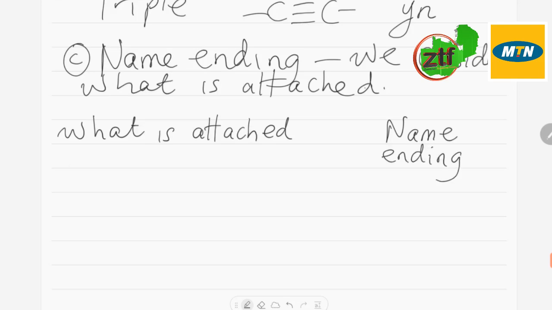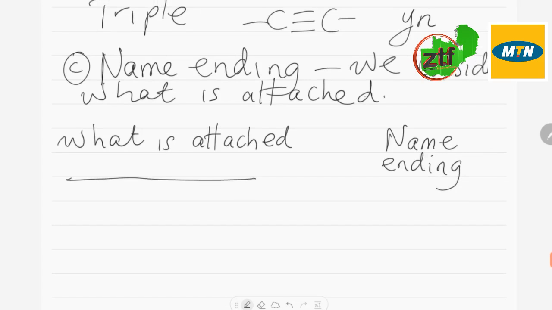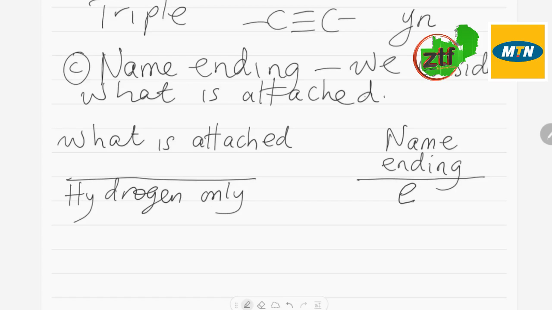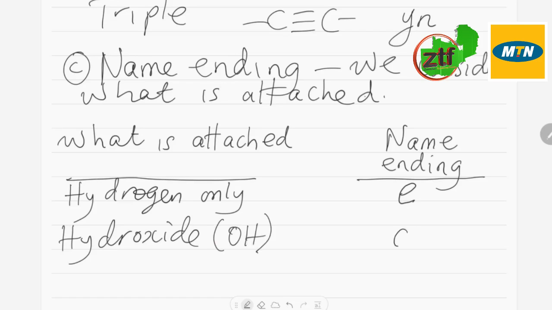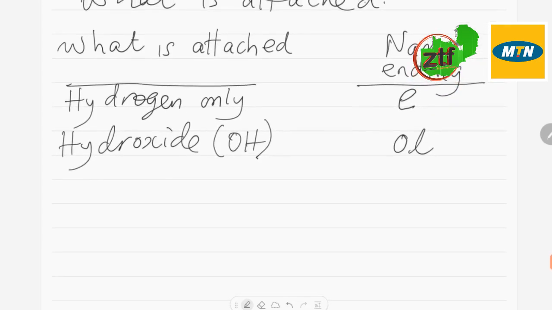If what is attached is hydrogen only, the name ending will be just E. If what is attached is hydroxide or hydroxyl, which is OH, the name ending becomes OL.